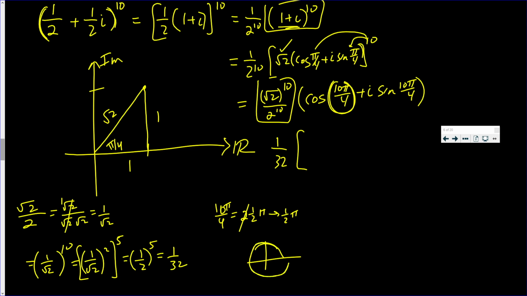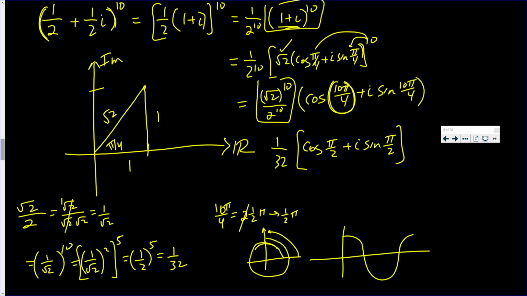We went 1 pi and then 1/2 pi. That's the same as just going from here to here. So this is cosine of pi/2 plus I times the sine of pi/2, and the cosine of pi/2 is 0, and the sine of pi/2 is 1.